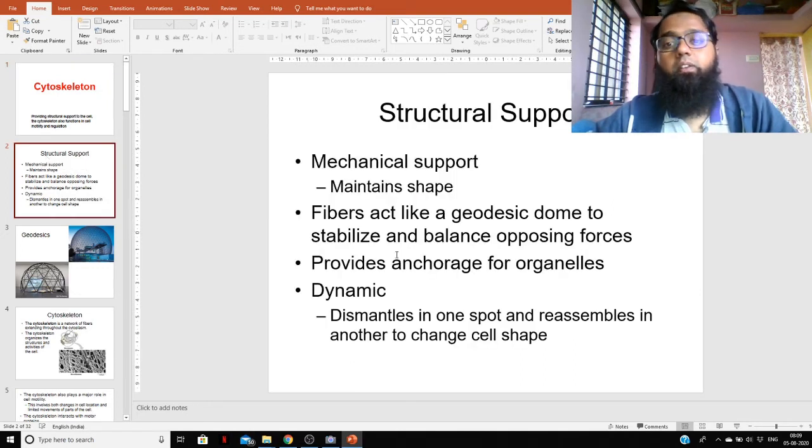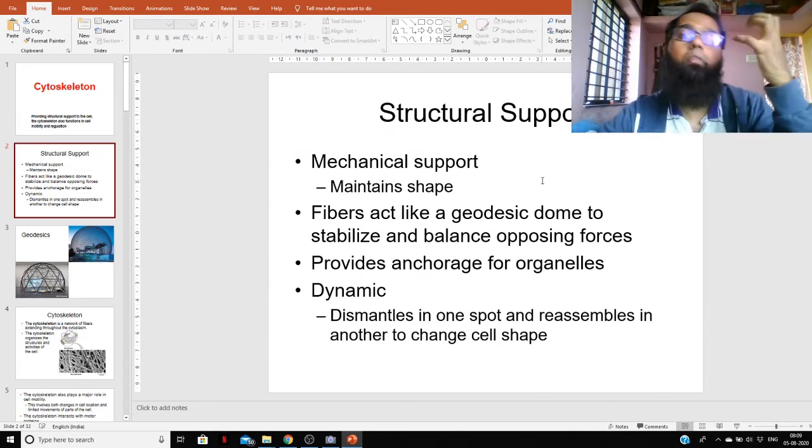In the next slide you can see the structural support. First of all, how is structural support given by the cytoskeleton to the animal cell? Structural support is given first of all by mechanical support.